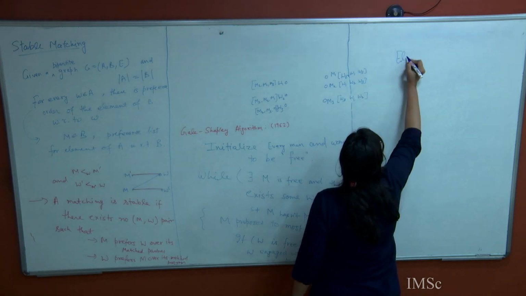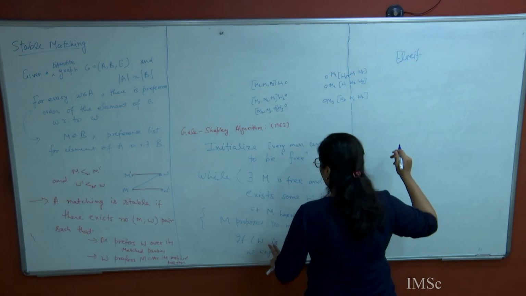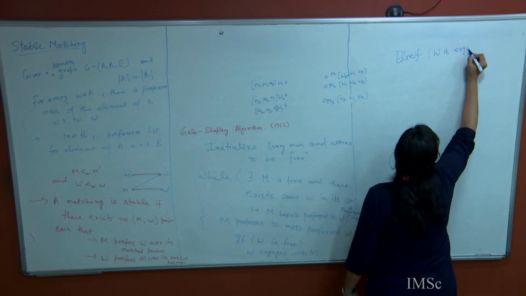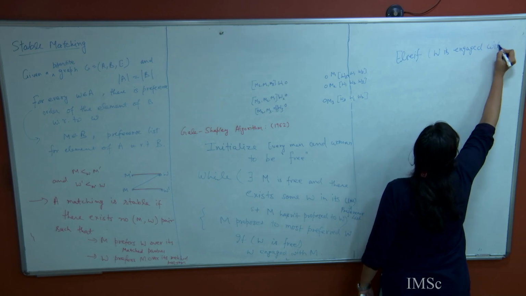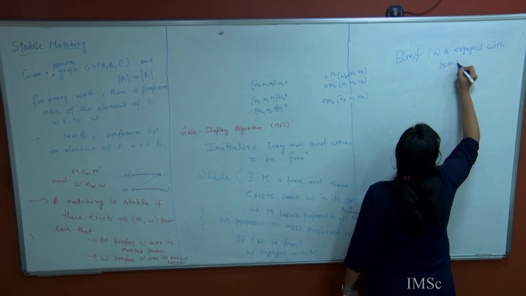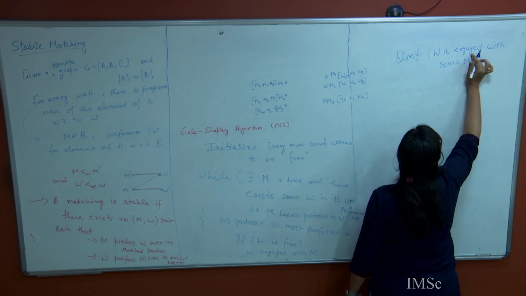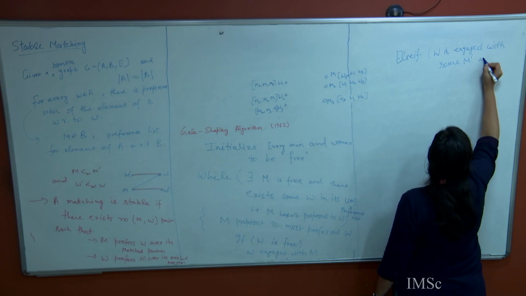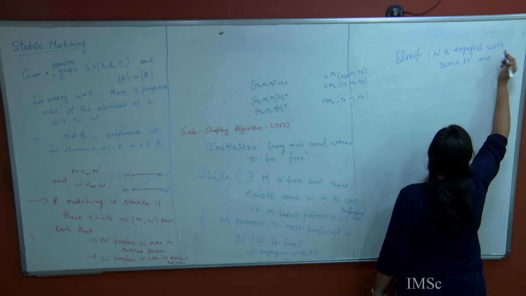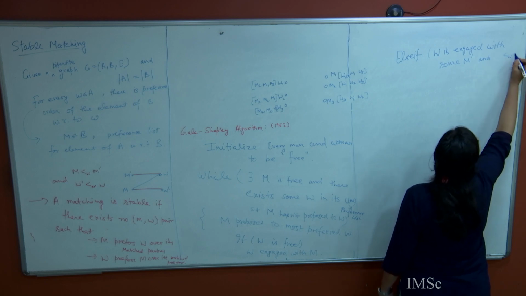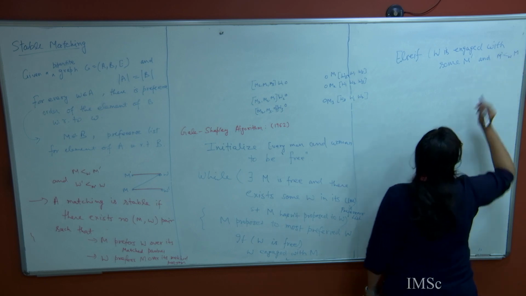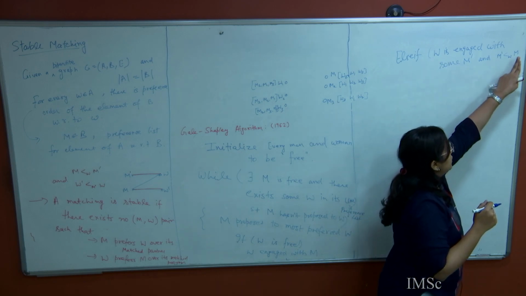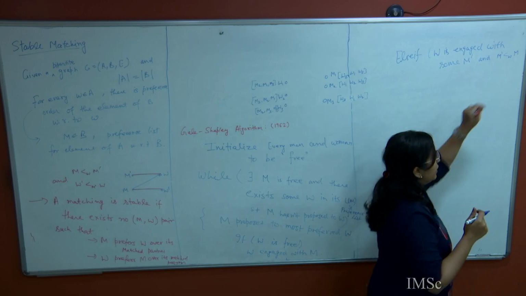Now, as if W is not free. So, W is engaged with some M prime, okay, M prime, and for W, M is more preferable than M prime. So, W was matched with M prime, but this new proposal M is more preferable than M prime.